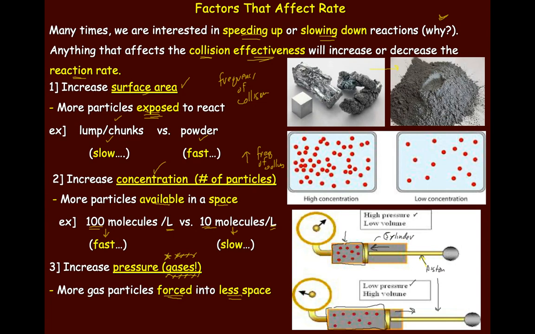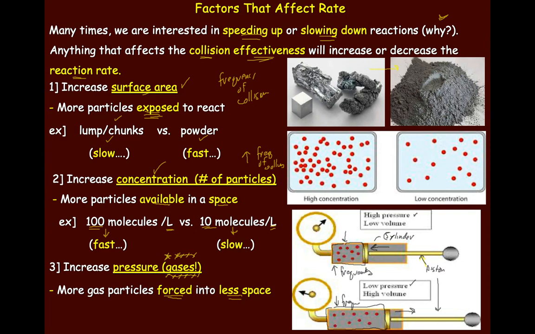Now with the same amount of particles, you can say here that you would increase the frequency of collisions, because particles are more likely to contact each other and collide here than they would be here. This would be a decrease in the frequency of collisions. So nowhere in these three are we talking about making the particles move faster.